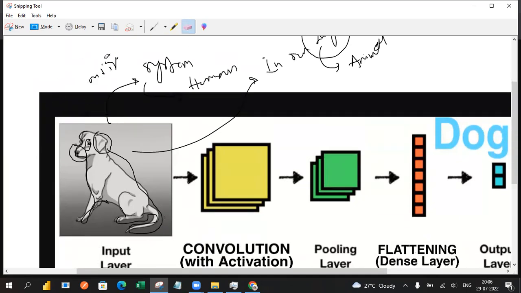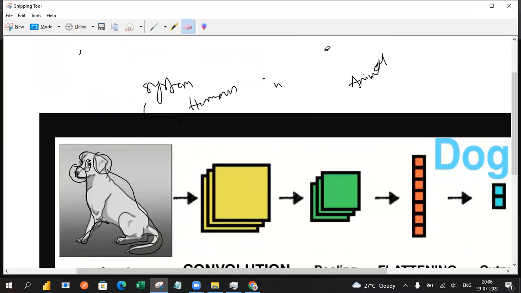Similarly, what will happen when you enter this image into the system? At that time, your system may not capture that much integrity or detail compared to human capturing.